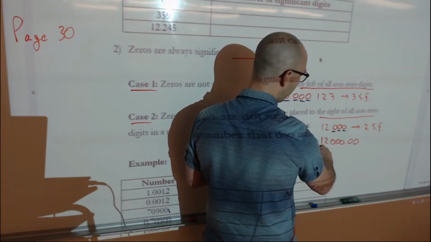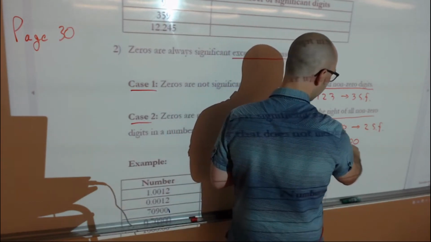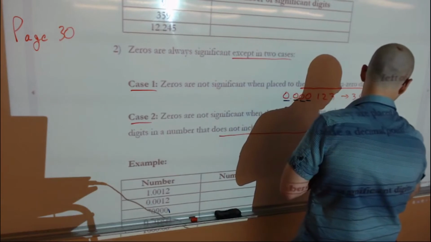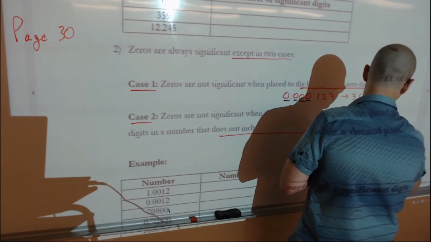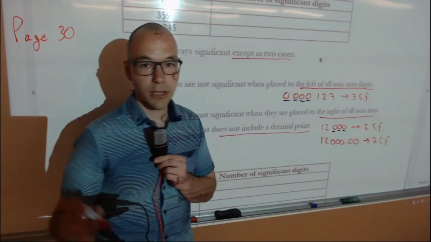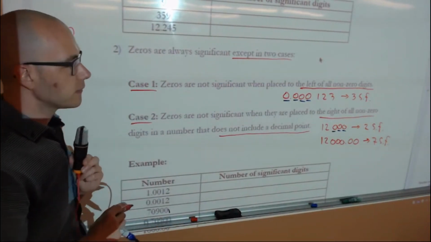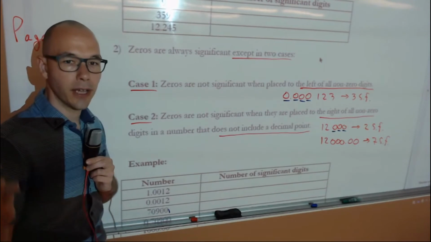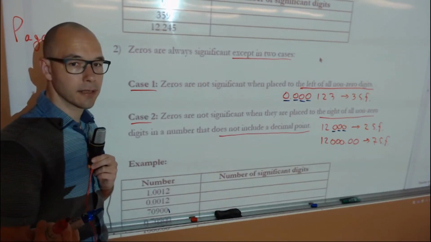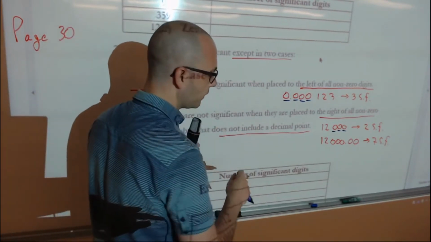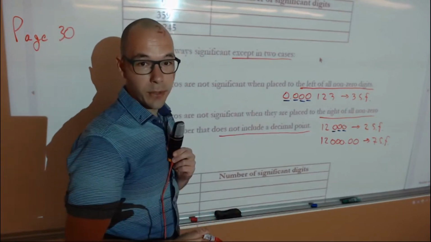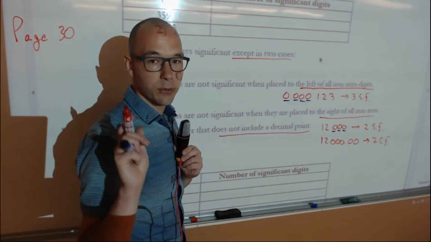So we have 1, 2, 3, 4, 5, 6, 7 significant figures, sig figs. So you got to be really, really careful with that. So zeros to the left, zeros to the right are not significant, except if we got a decimal point, we got to be very careful with zeros to the right.